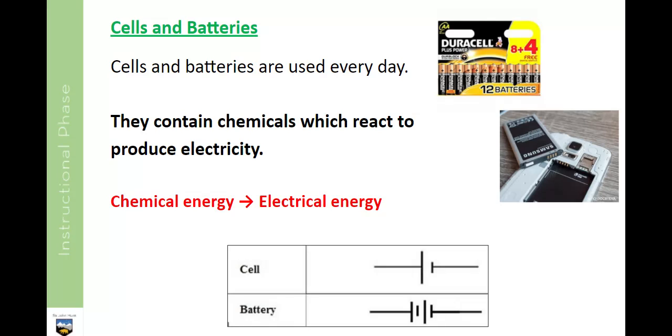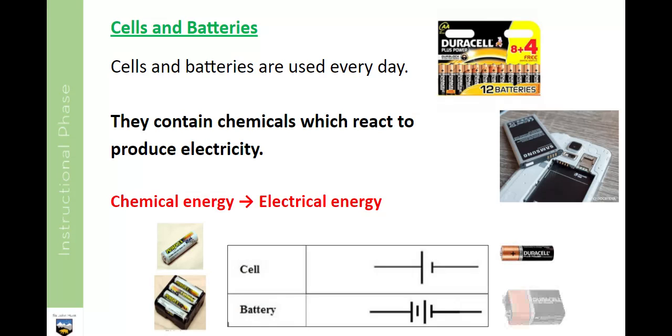So a cell is what we would call a single battery. So we would look at that in everyday life and we say, oh, look, here's a battery. Well, it's actually a cell. It's only a battery when you have more than two of them. So more than two cells joined together, it becomes a battery. So we've got a cell, we've got a battery.